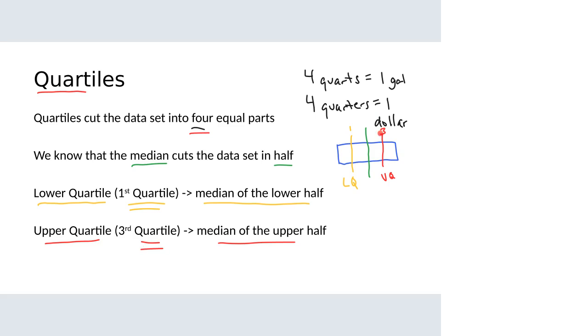You can see in our picture that the median then could be called the second quartile. It would be really unusual to do that. Typically, we just call it the median. But the words lower quartile and first quartile are interchangeable. They mean the exact same thing as each other.